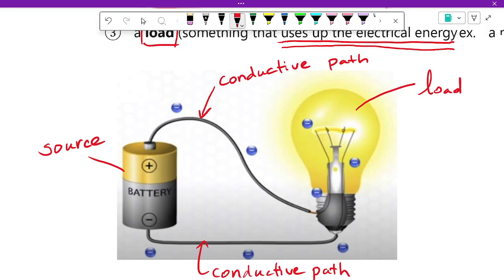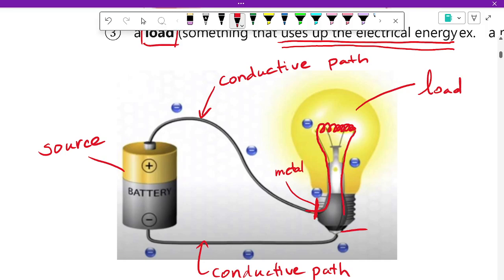Now, I don't know if you remember trying to light up that little light bulb after our last test. Basically, what you needed was a wire to touch the metal that's on the side of the light bulb, because the conductive path goes up through the tungsten wire, and goes down, and then comes out.